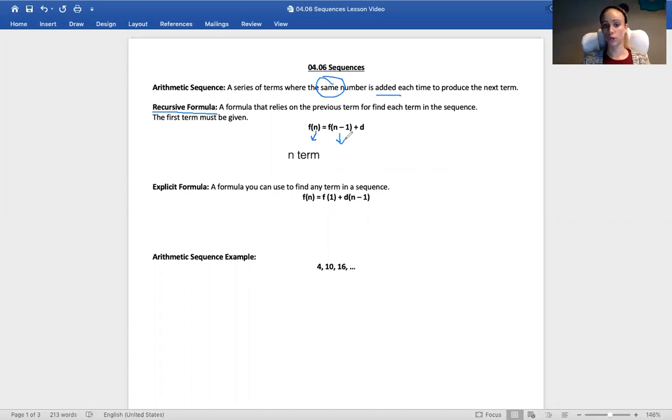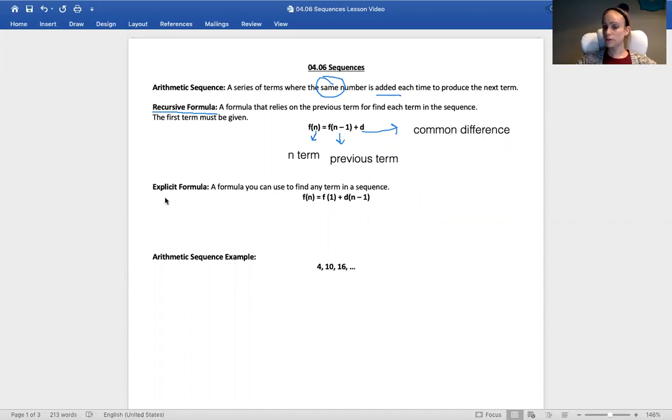And in the recursive formula, you need that previous term to build on and get future terms. And then last but not least, the variable d represents your common difference. So in our recursive formula, we need to know our common difference, and then we also must have our previous term.